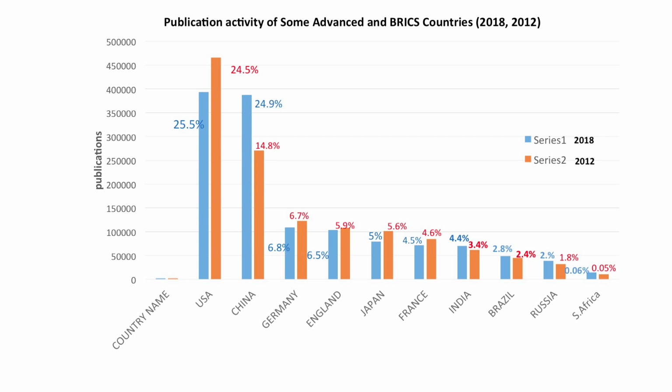Here I have looked at some advanced countries and also the BRIC countries: Brazil, Russia, India, China and South Africa. China, to a large extent, has increased its volume. India has also done reasonably well to increase its volume and has come to a higher rank than the earlier projected time when it was 10th or so in 2012.